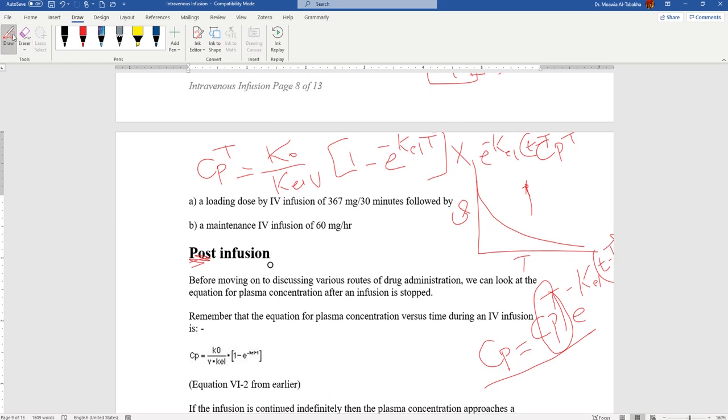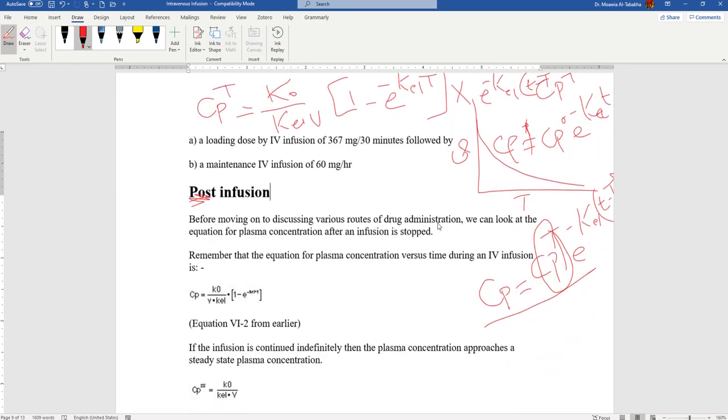I will write it again. It will be CP0 times e to the power of minus KL times T. It's the same equation that we wrote before with IV bolus administration. But here in our new case, instead of starting from 0 time, we are starting from T capital time. So my T capital is like my CP0, my 0 time.